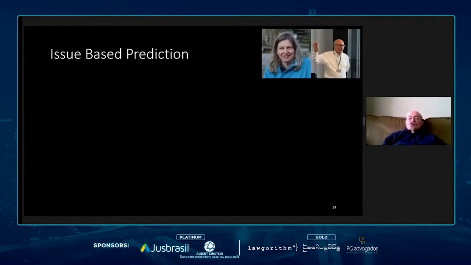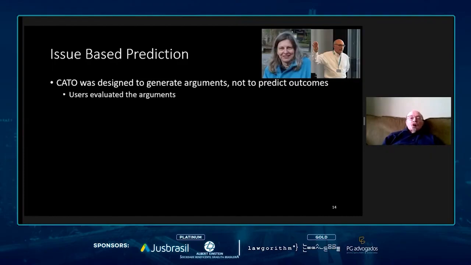To find the answers to this problem, we look back to issue-based prediction, which was introduced by Stefanie Brüninghaus and Kevin Ashley. Whereas CATO was designed to generate arguments, not to predict outcomes, so it didn't matter whether there was constraint or not.